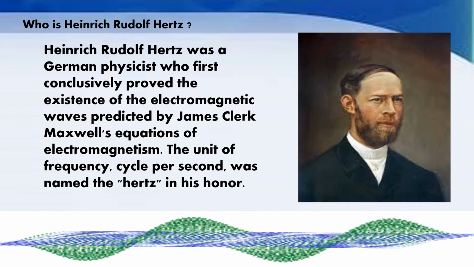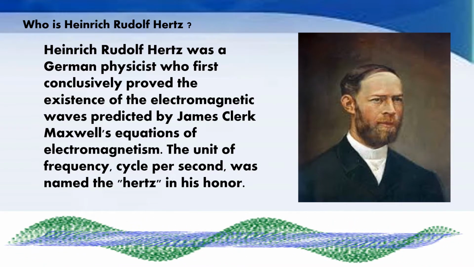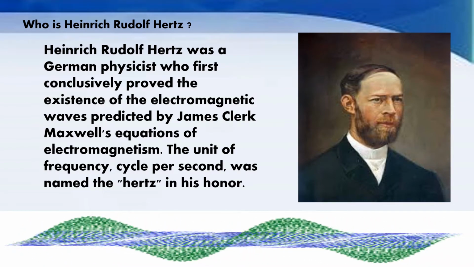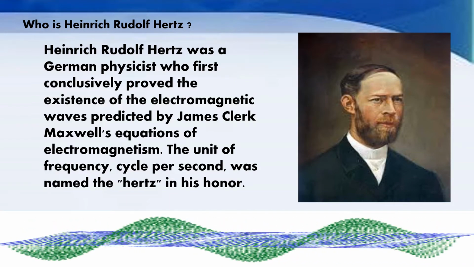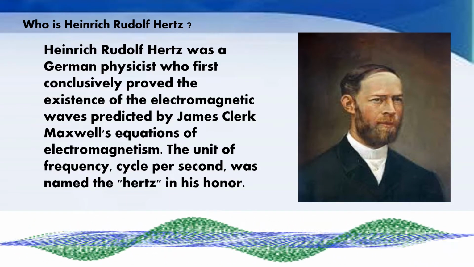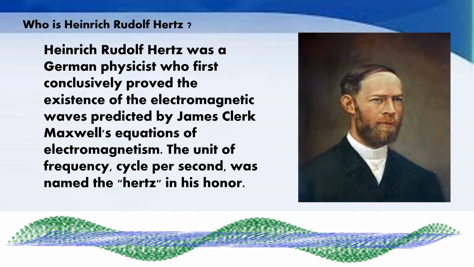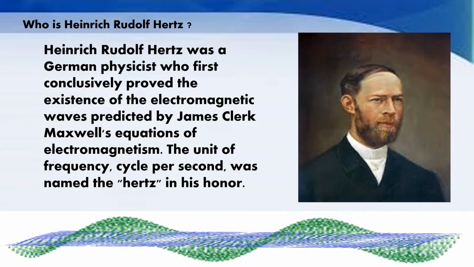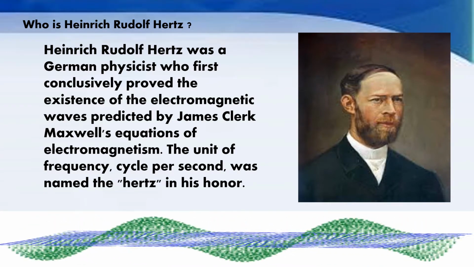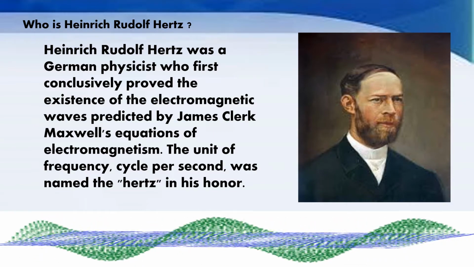Heinrich Rudolph Hertz was a German physicist who first conclusively proved the existence of the electromagnetic waves predicted by James Clerk Maxwell's equations of electromagnetism. The unit of frequency, cycle per second, was named the Hertz in his honor. Okay?